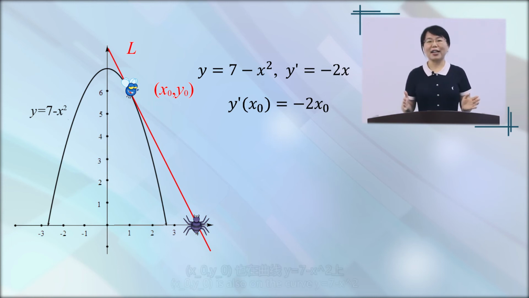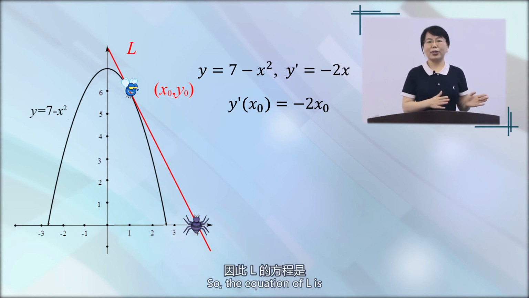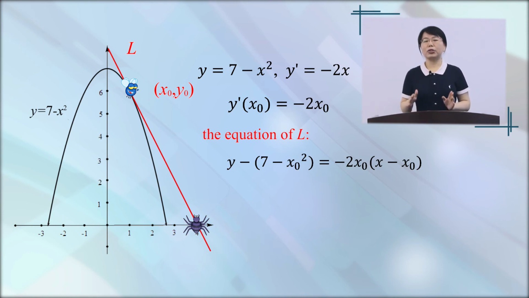On the other hand, (x0, y0) is also on the curve y equals 7 minus x squared. So the equation of L is y minus (7 minus x0 squared) equals minus 2x0 times (x minus x0).